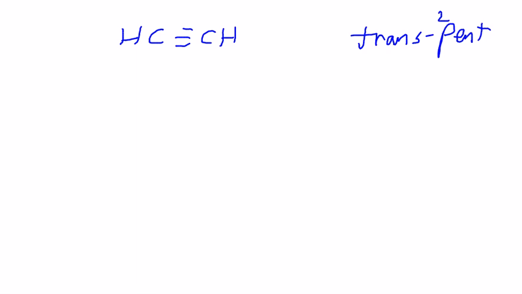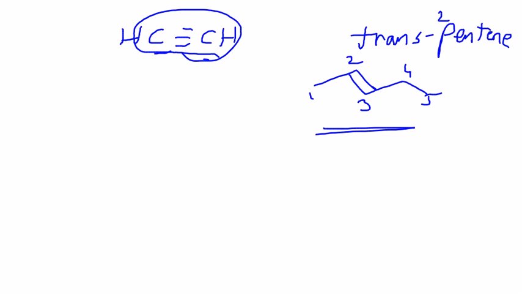Let's say my reaction is, maybe I have an ethyne, and I want to generate, I don't know, trans-2-pentene. So trans-2-pentene means something like this. 5. I have 2 carbons already. I have to bring in 5. That means there's some kind of a chain elongation.